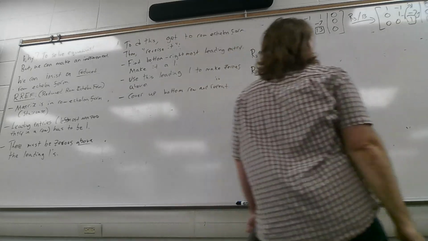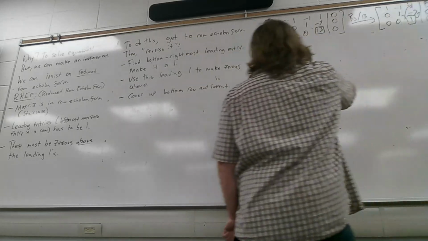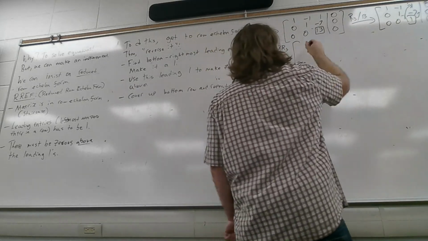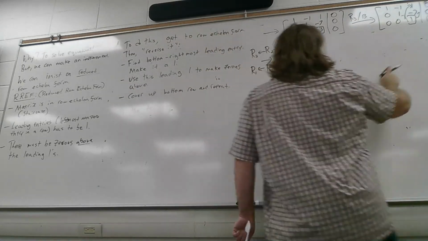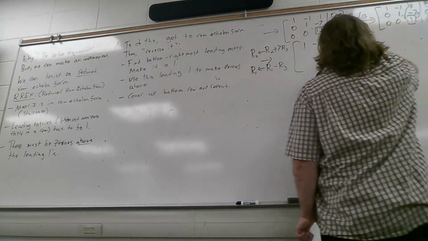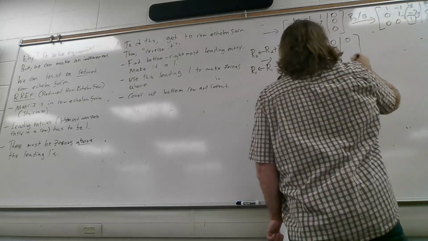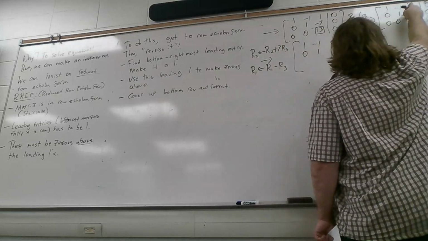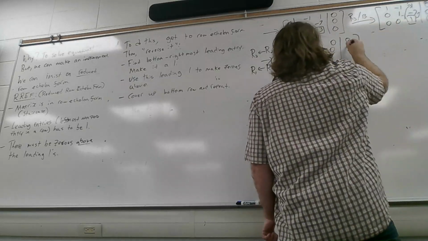And row 1, we're just going to subtract row 3. What's going to happen? This minus that is 0. 7 added to minus 7 is 0.